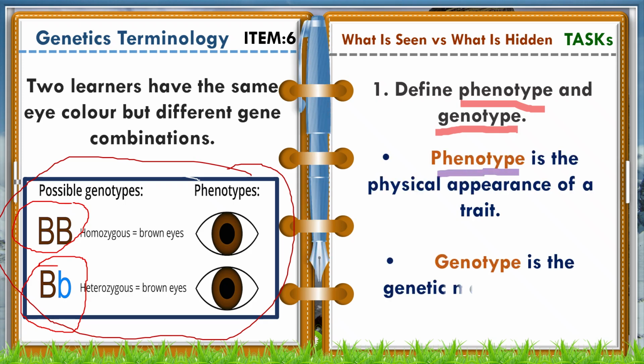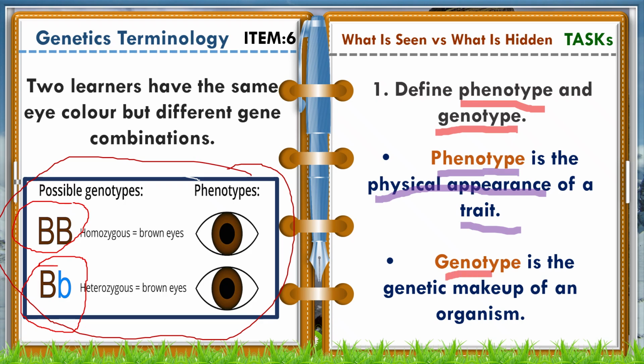A phenotype is the physical appearance of a trait. So here what we are calling the eye color, eye color seen, that is physical appearance. And that one is called a phenotype.